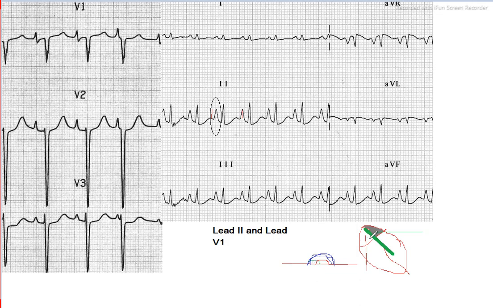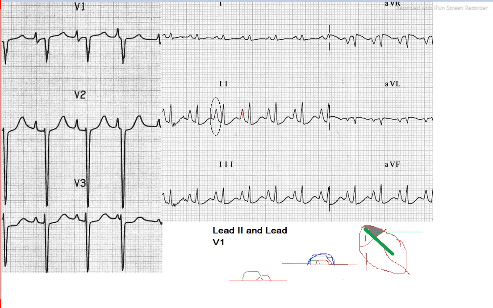But in case of right atrial enlargement, again let me draw here. Suppose this is the isoelectric line, and here I draw the right atrial. Now because of right atrial enlargement, the right atrial representation will be a bit broad, and the left atrial representation will be the same as the previous one.